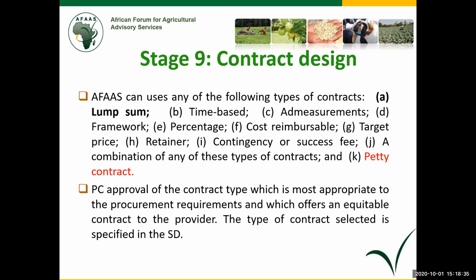So for purposes of this presentation, let all country forums and so on adhere so much to lump sum and framework contracts. Procurement award committee should always approve the contract type to avoid any legal challenges.